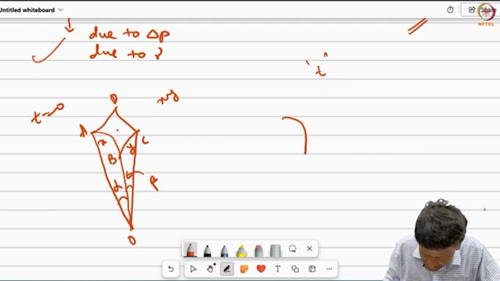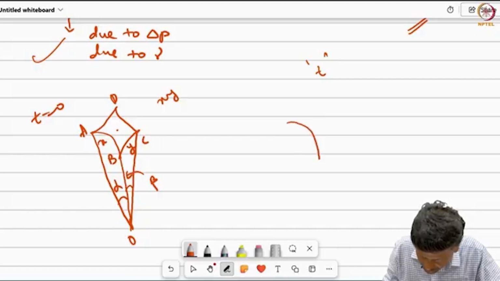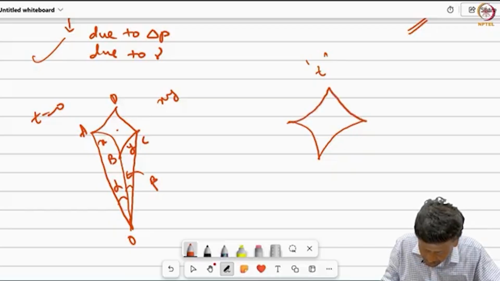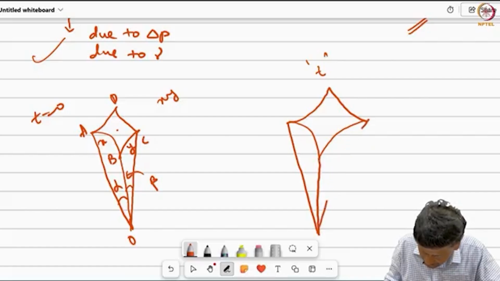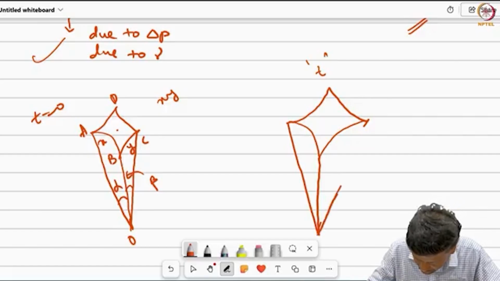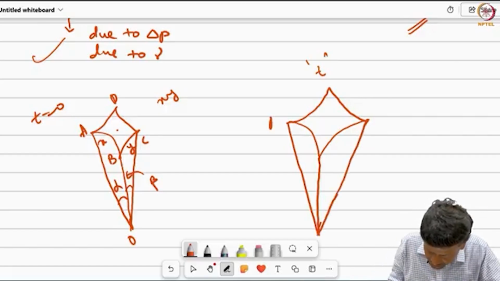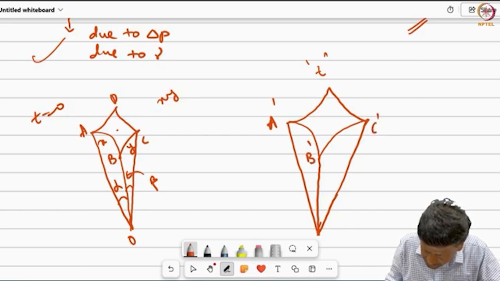So I'm trying to just draw a similar geometry, somewhat bigger than this. Okay, in this case we get a similar triangle. If I call this A dash, B dash, C dash, and D dash, this will be O dash.